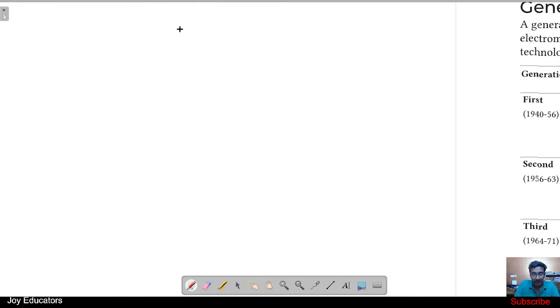Have you ever seen a wire in your home? So wires are made up of what? Copper, exactly, because copper is a good conducting material. There are three things. One is copper, a conducting material.